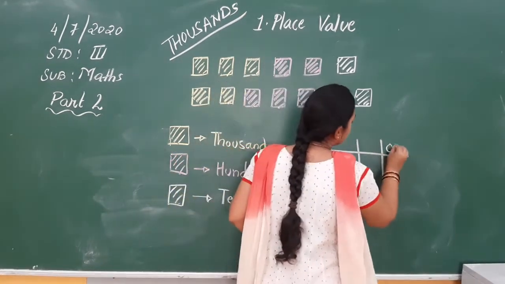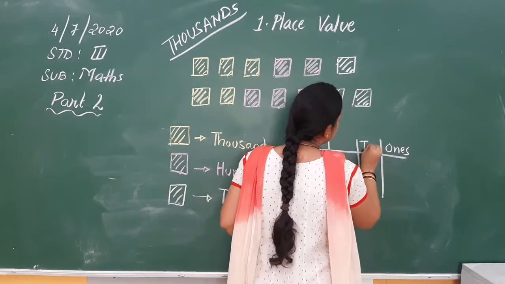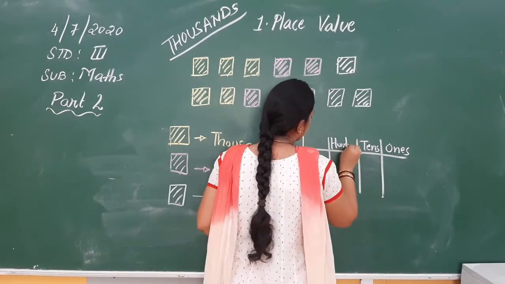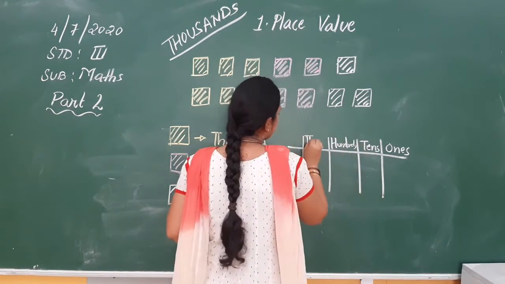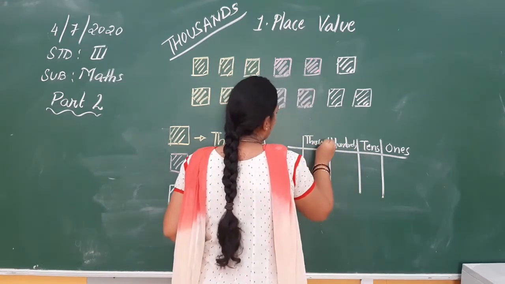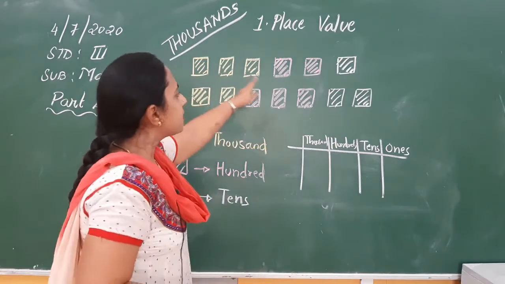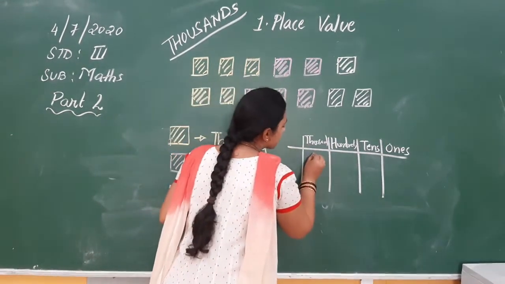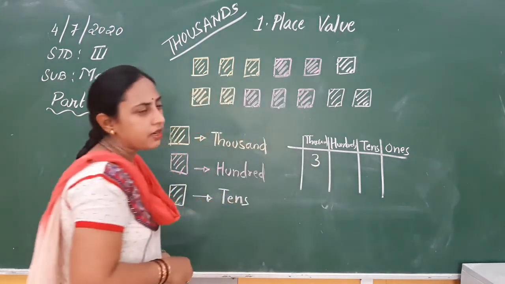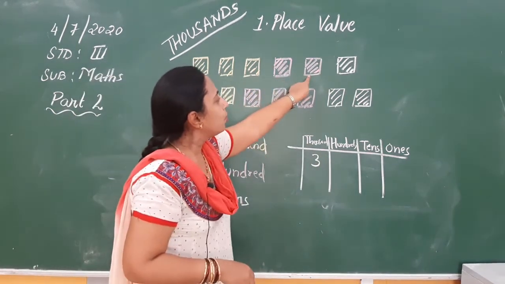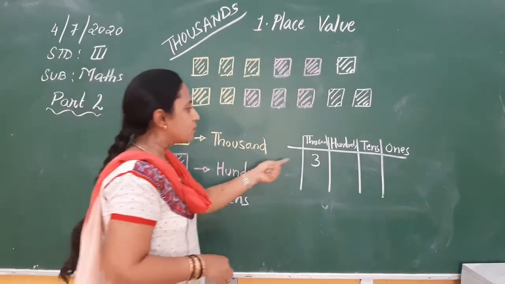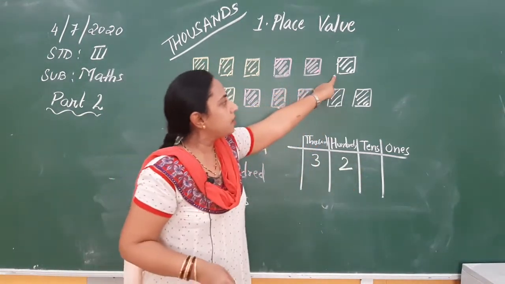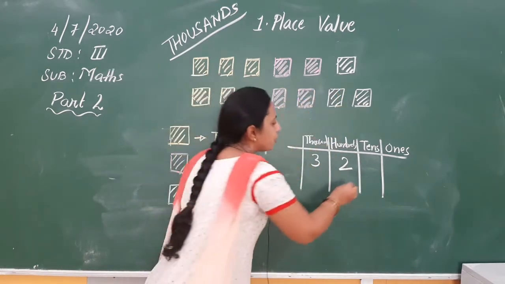This is ones, this is tens, this is hundreds, and this is thousands. 3 yellow, and yellow means 1000, so 3. Then 1, 2: pink means hundreds, so in the hundreds place we have 2. Then 1 in the tens place, so we will put a 1.